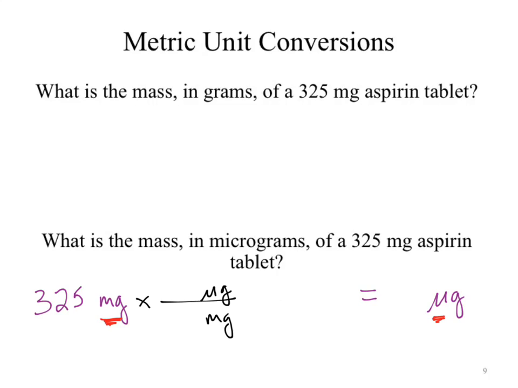Okay, so let's break this into two steps, which is something that's commonly done. So what we're going to say is, you know what, I don't like that long drawn out process. I'm going to break it into 2 steps. I'm going to say I'm going to get it into grams first, because once it's in grams, I know I can convert it into micrograms. So we'll just do it as a single step here. What's the relationship between grams and milligrams?